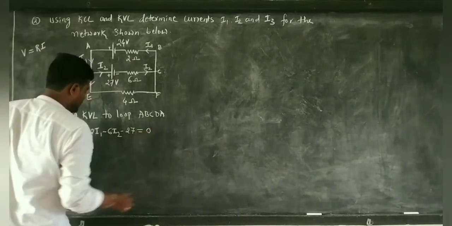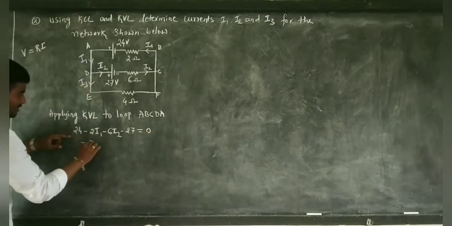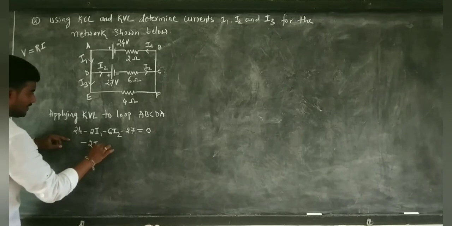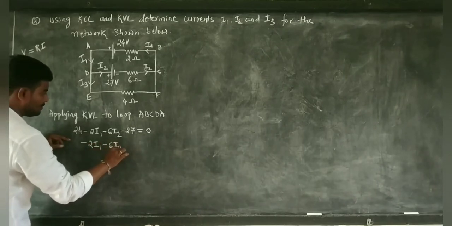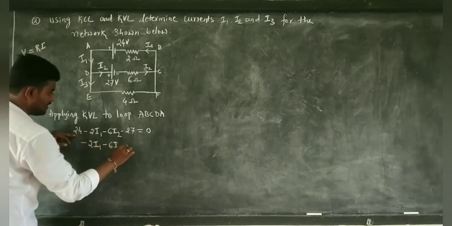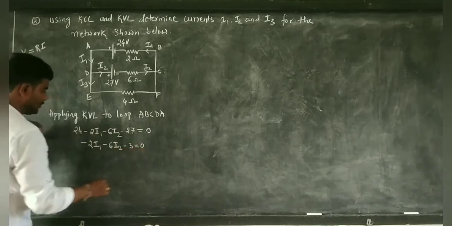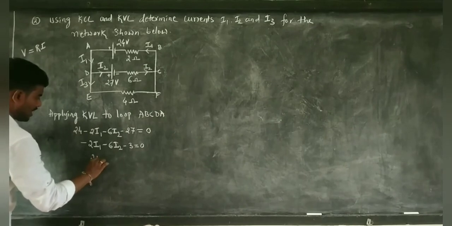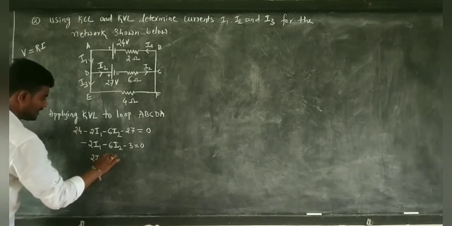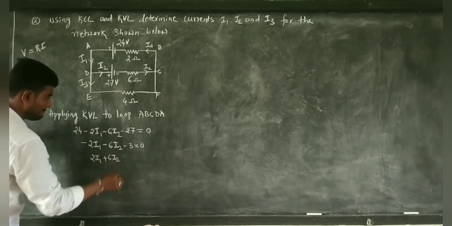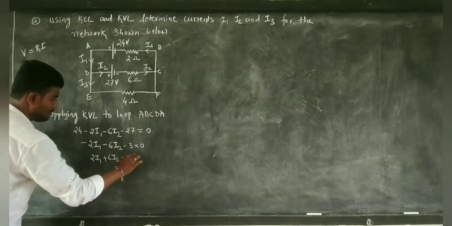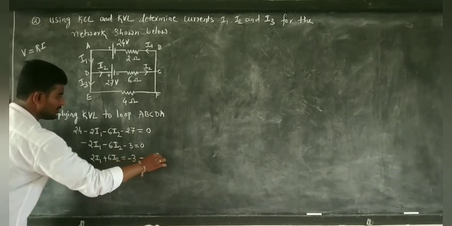I will write one more equation. 2I1 minus 6I2, 27 is there, 24 is there, therefore it is minus 3 is equal to 0. So 2I1 plus 6I2 is equal to minus 3. Let us call it equation 1.